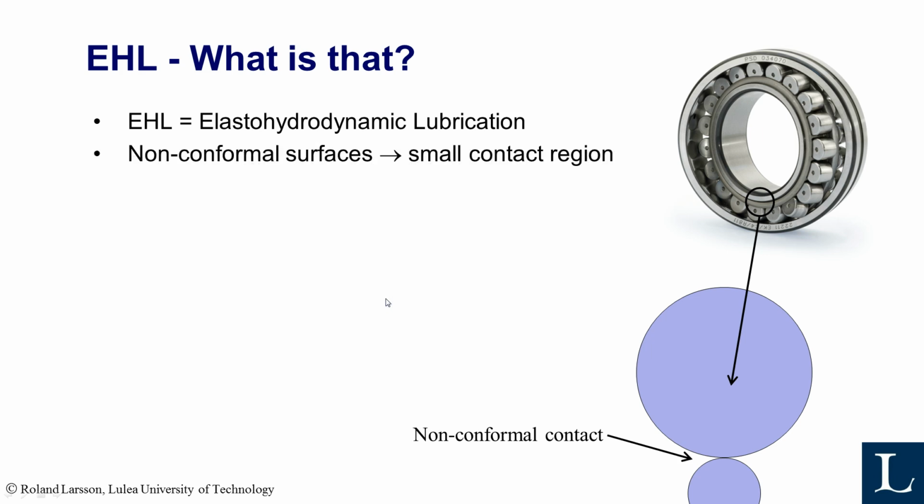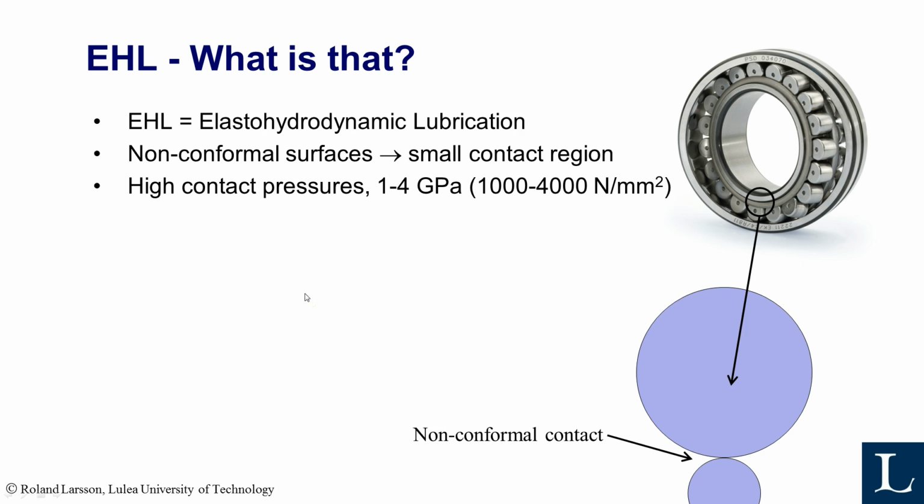And non-conformal surfaces means that the actual contact region is very small. The contact force is transmitted over a very small area. And that implies that the contact pressures become very high. In a bearing like this, typically the pressures can be gigapascal range. Could be up to even 4 gigapascals maybe.